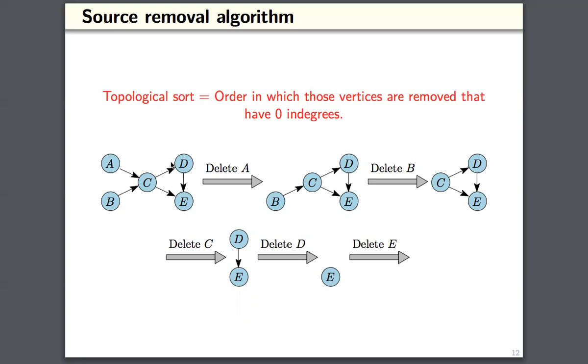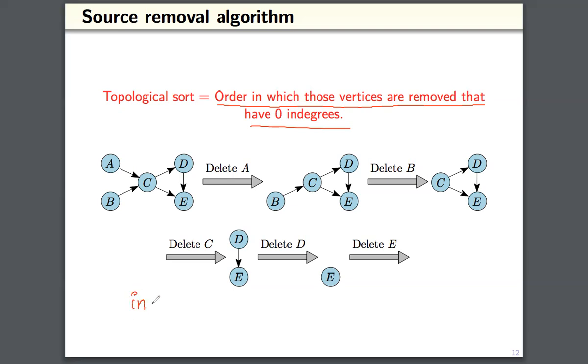The idea is beautiful here. The topological sort is really the order in which those vertices that have 0 in-degree are removed. Okay, so before we proceed, you need to know something about the degree of a node.